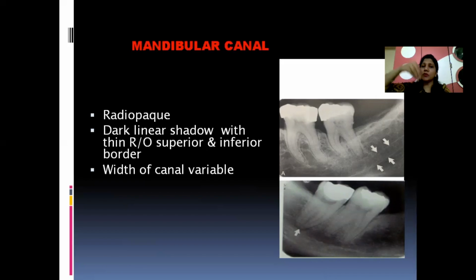Sometimes lesions will be above it and, because of your projection, appear as if they are inside the radiopaque canal, and so clinical judgment is important. But in some cases, if you feel that it is very difficult to identify, then you should go with 3-dimension imaging.